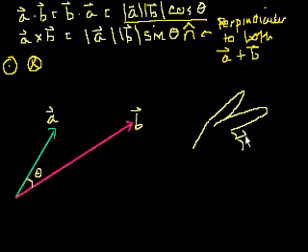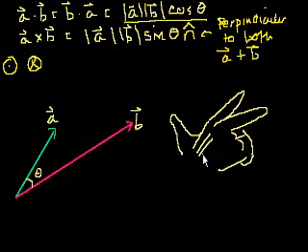I'm trying my best to draw. So they just curl around my hand. And then what direction is my thumb in? Actually, I drew it at the wrong angle. My thumb is actually going in this direction, right? Into the page. This is the top of my hand. These are like my veins. Or if I drew it correctly, you would see your hand from the side, so it would look like this.